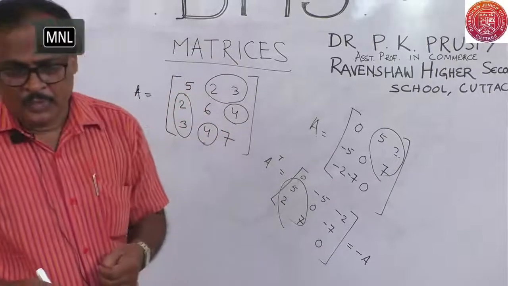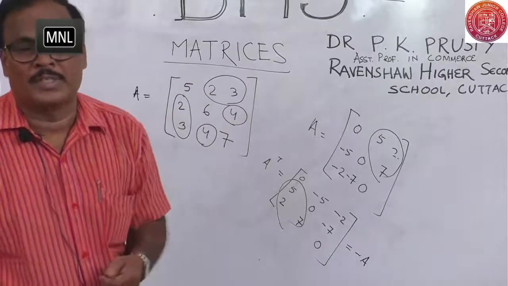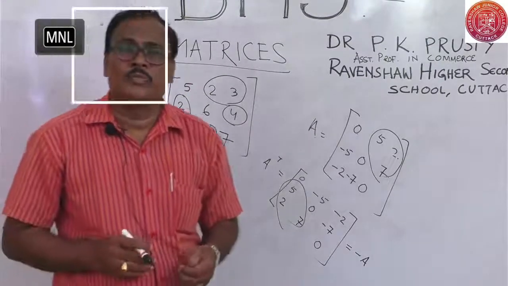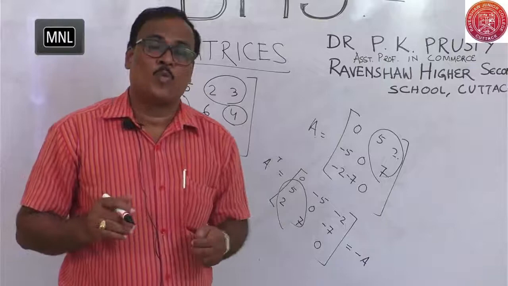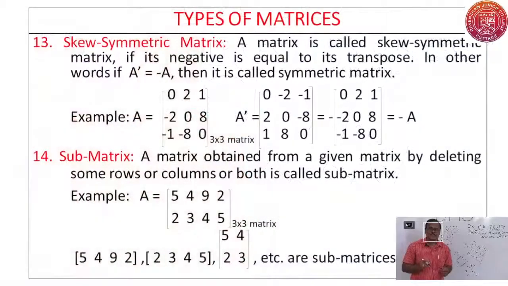Then the 14th type of matrix is called submatrix. What is submatrix? If there is an original matrix and we delete any row and column, we get one matrix.